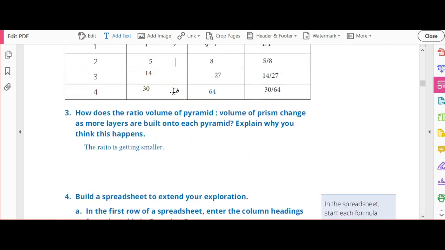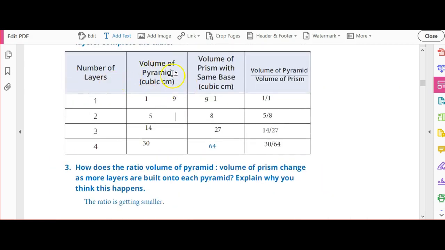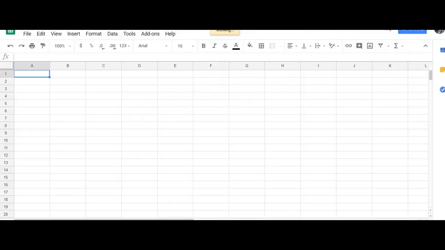So we're going to put in number of layers, volume of the pyramid, and then the volume of the prism. So let's go with number of layers, and then the volume of the pyramid, and then the volume of the prism, and then the ratio of pyramid to prism.